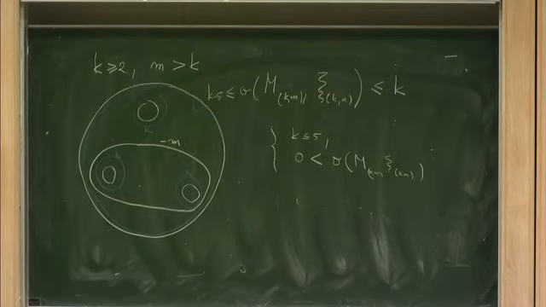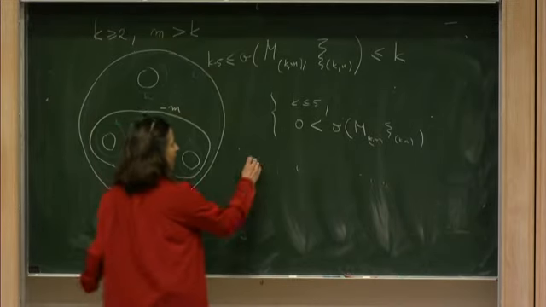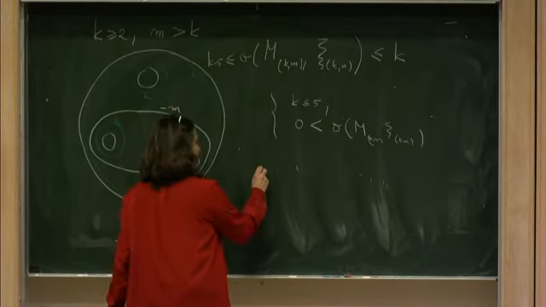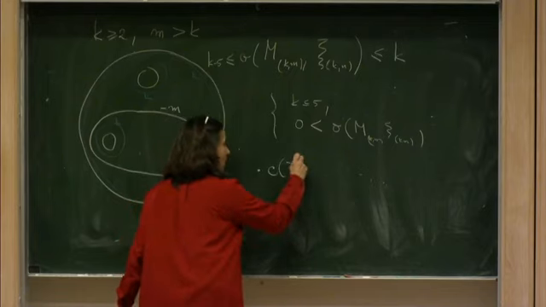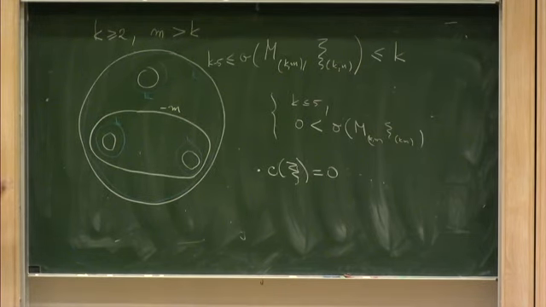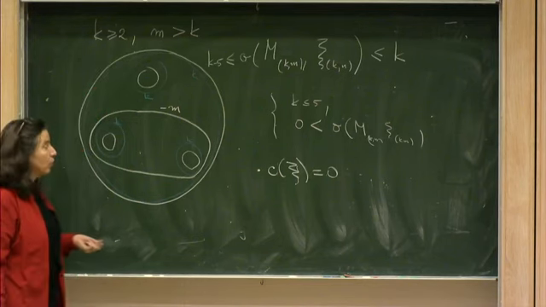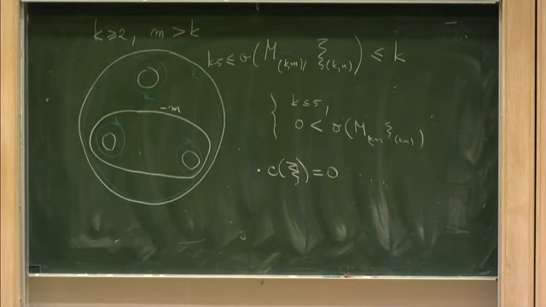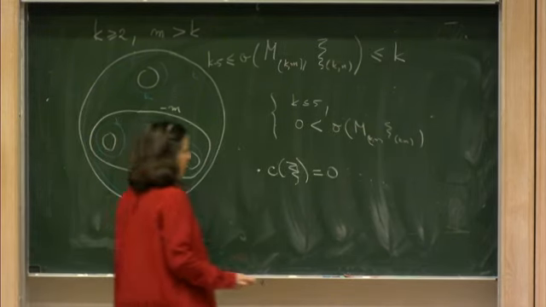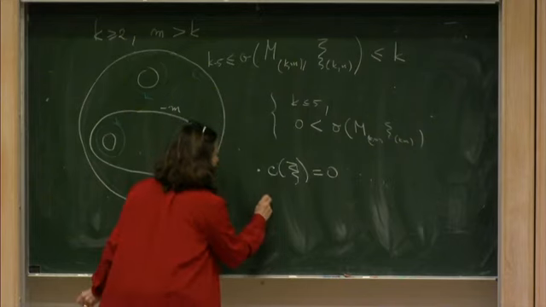So these contact structures have contact invariant 0. To see that the contact invariant is 0, one can use the capping disks argument of John Baldwin and see that things become overtwisted. And so the contact invariant is 0.